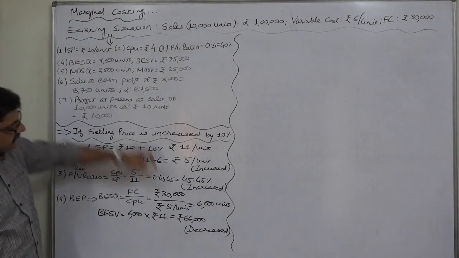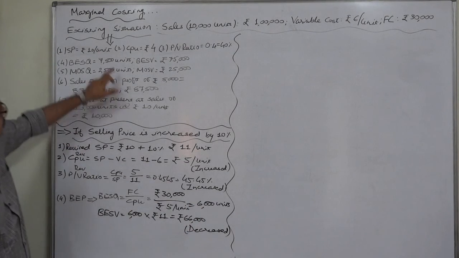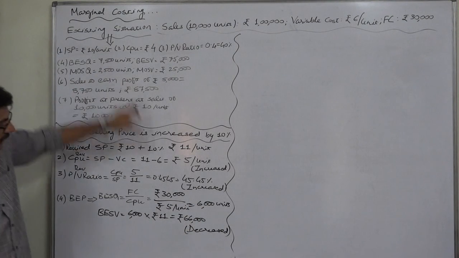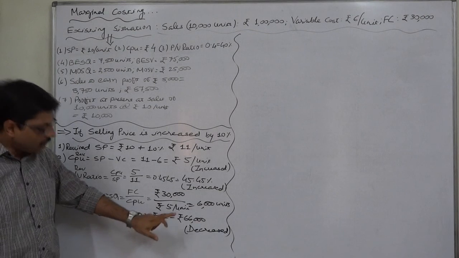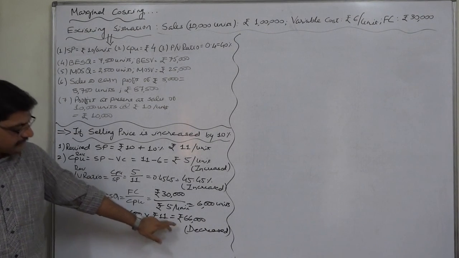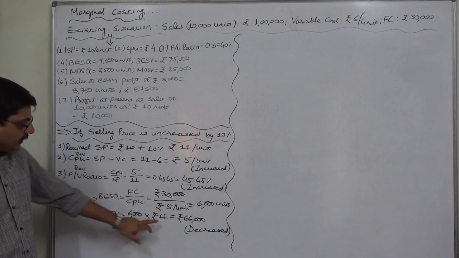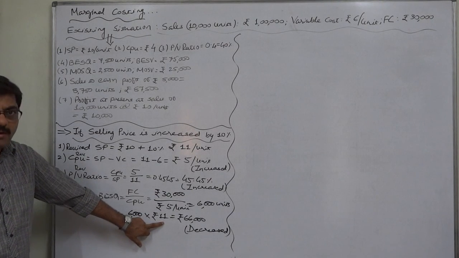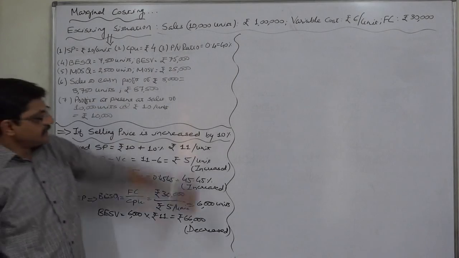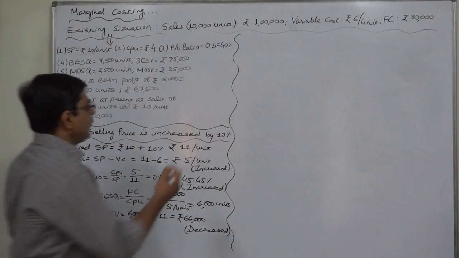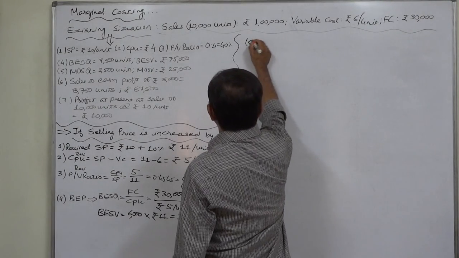In quantity it is now 6,000 against 7,500 units, and in terms of value it is now rupees 66,000, even though there is an increase in selling price, since we have multiplied by 11, against 75,000.